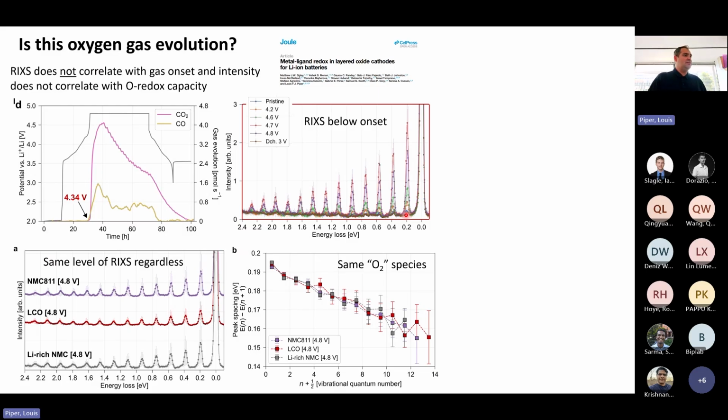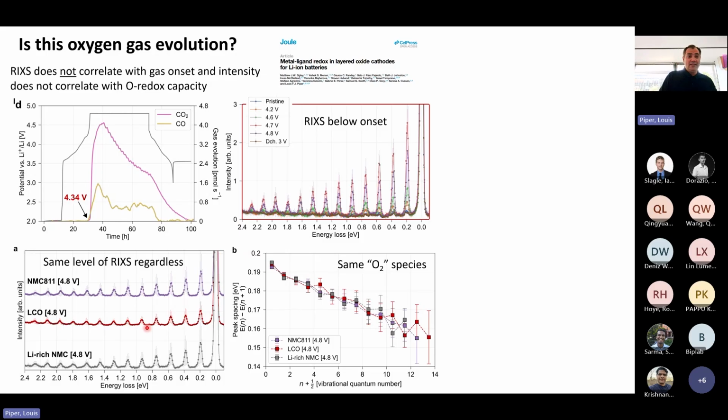The other argument was that you have more oxygen redox in lithium excess systems, so you would expect less in the layered systems, but honestly, we were seeing the same amount. The other argument was that in high nickel content materials, you're going to have a lot of propensity for intermixing between nickel and lithium. So that's why we did lithium cobalt oxide.